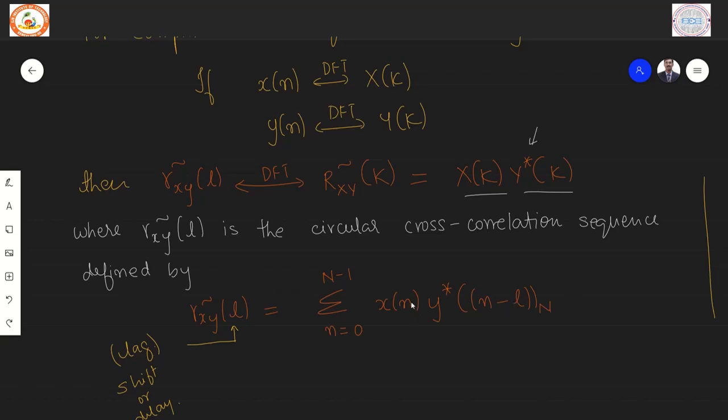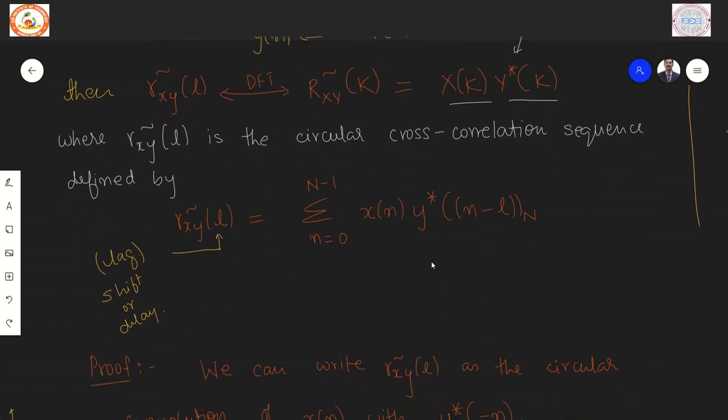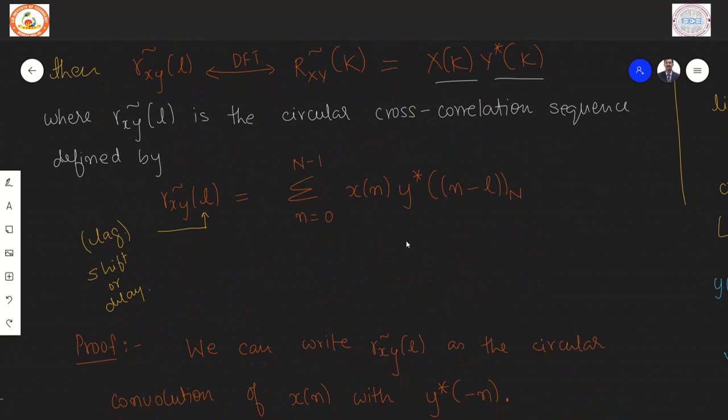The sign of n is the same in both, but we do shift it by the lag, that is L. The second term is conjugated. So these are the primary differences between correlation and circular convolution: the conjugate and the absence of the negative sign here. Rather, we shift by a quantity called L. Now, you have to remember this expression.